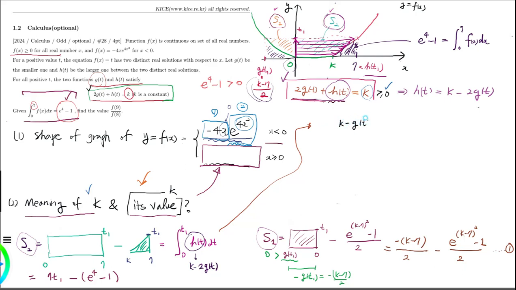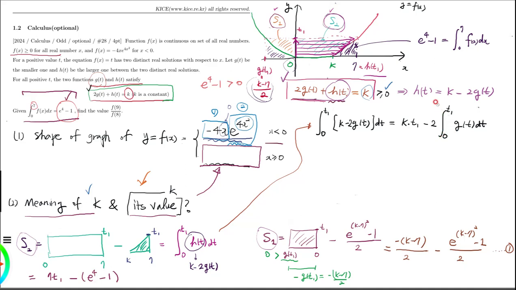So if we take the integration of k minus 2 times g of t with respect to t from 0 to t1, it will give us k times t1 minus 2 times the integration from 0 to t1 of g of t dt, by linearity of the integration.